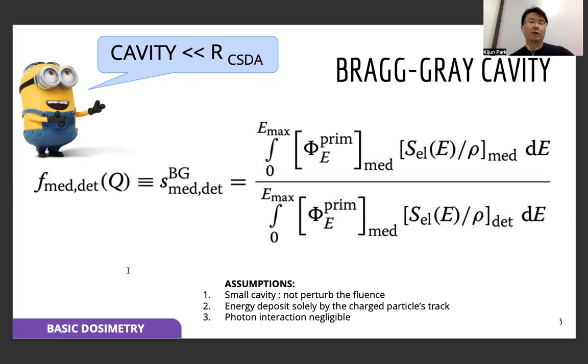In that case, the conversion factor between medium and detector is proportional to the stopping power ratio between medium and detector, which can be written as the fluence times the stopping power in the medium over the fluence times the stopping power in the detector.